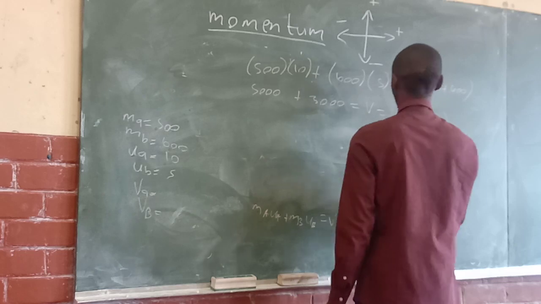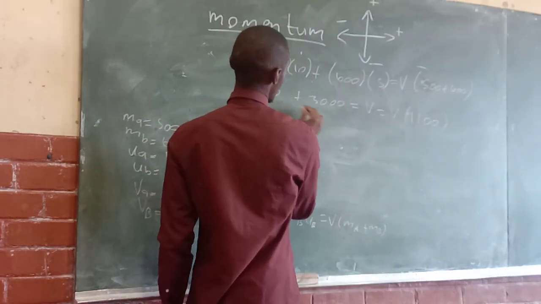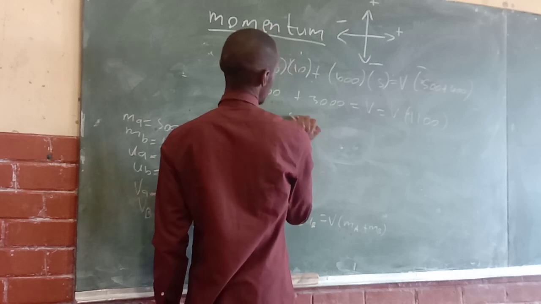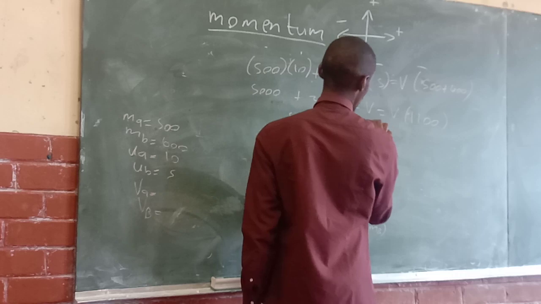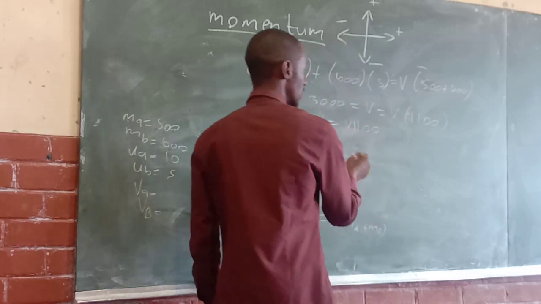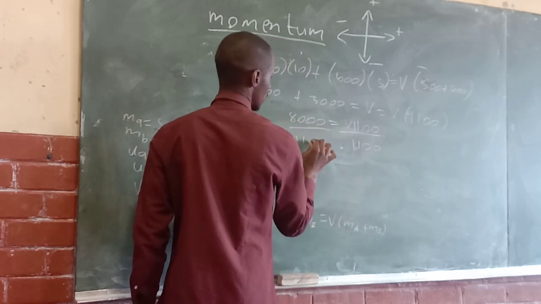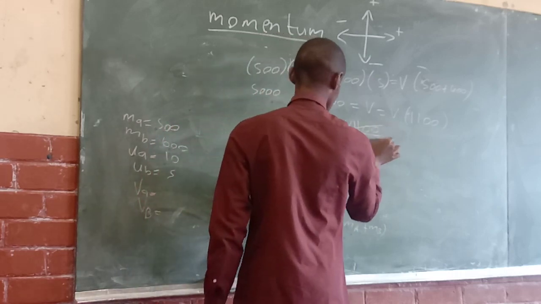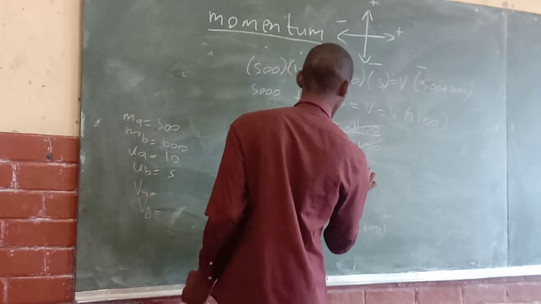On the left hand side, 5,000 plus 3,000 will give me 8,000, and then v. Since I'm looking for v, I'll divide both sides by 1,100, so they cancel, and in the end I'll have something that looks like this.